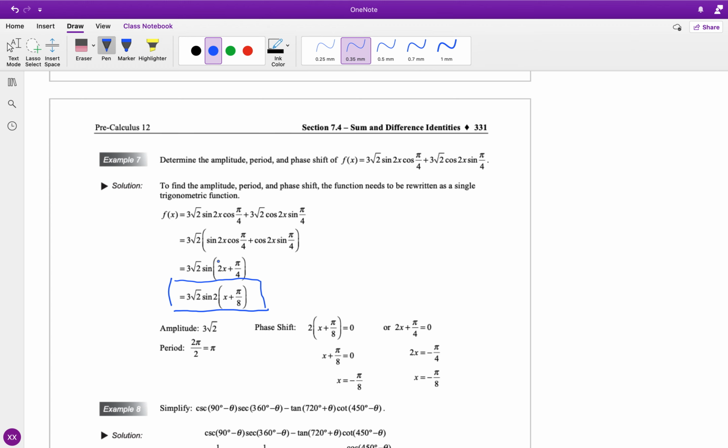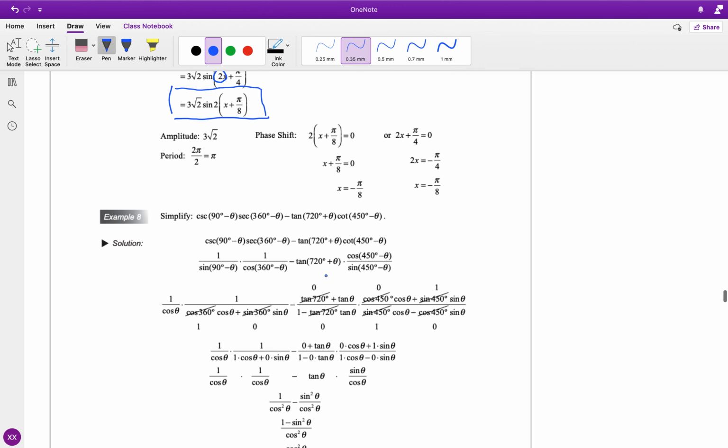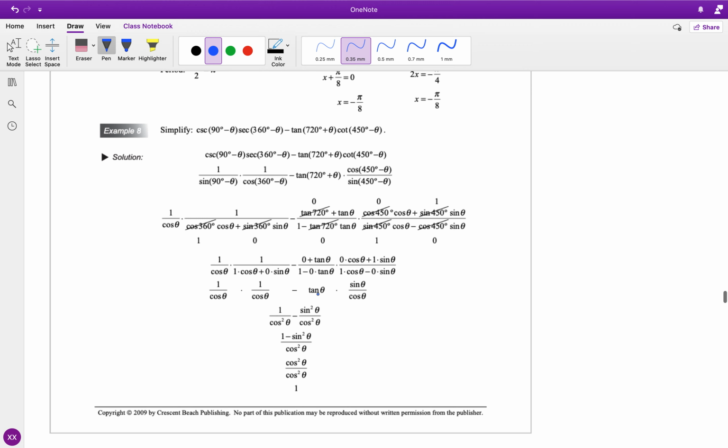The only thing to note here is the factor of two, and then you got everything. We have done this in a previous chapter many times. And then example 8, you might just want to do by yourself. And we're done with 7.4.